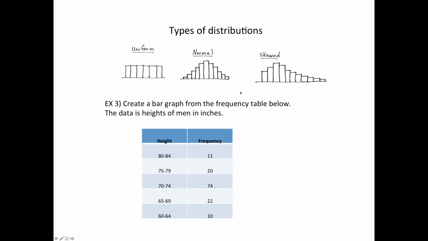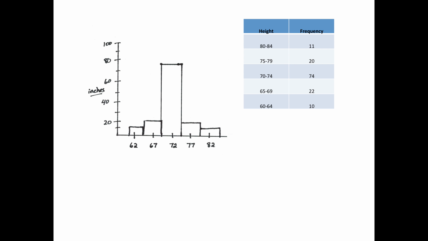So the last thing to do is make our own graph and see, does it look normal, skewed, uniform, what? So here's some information about men's heights. And we're going to make a bar graph. As you can see, I actually did it over here.